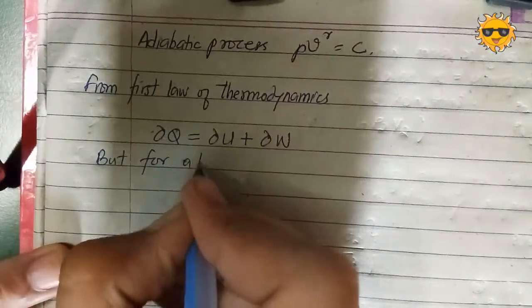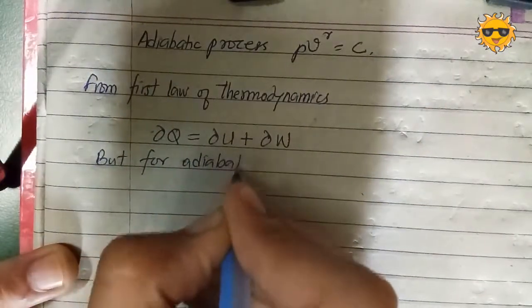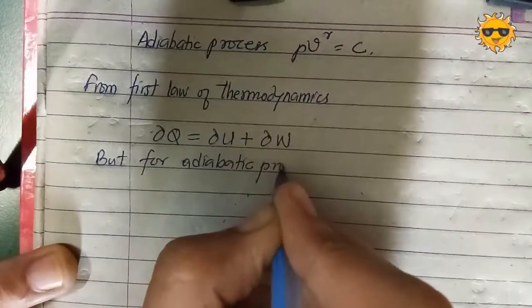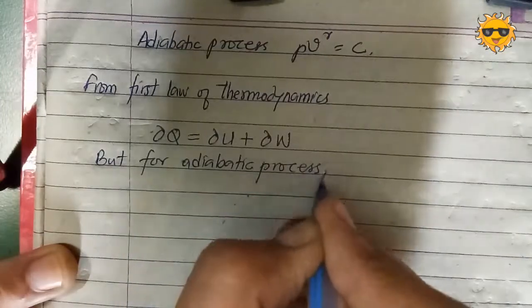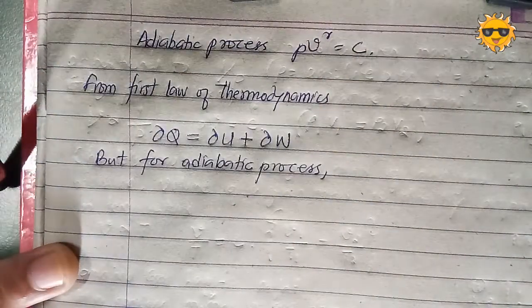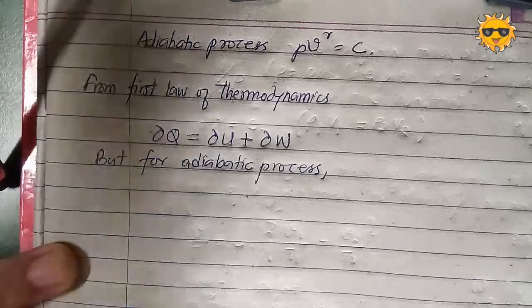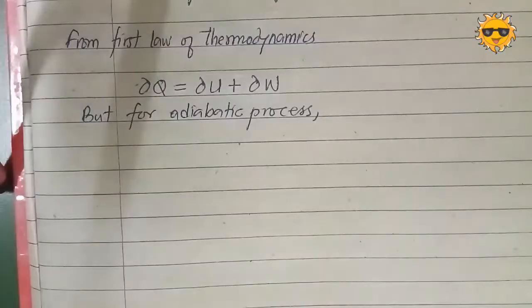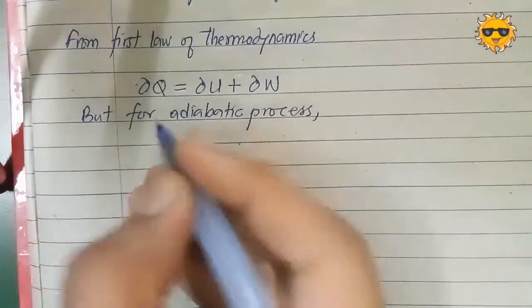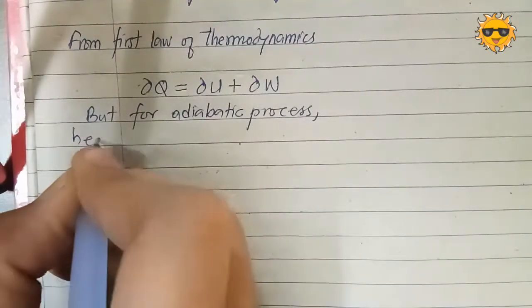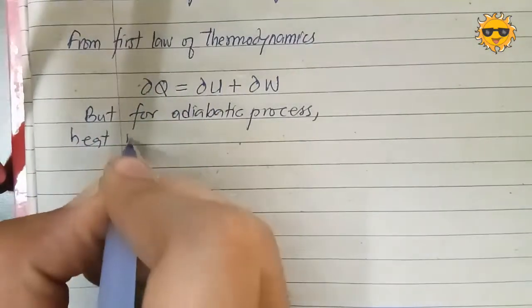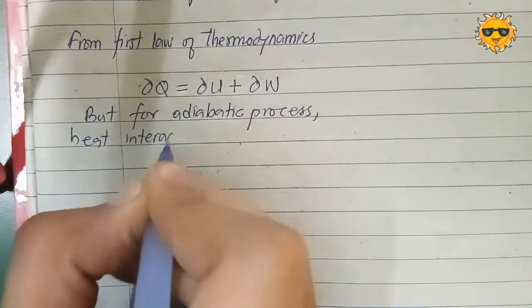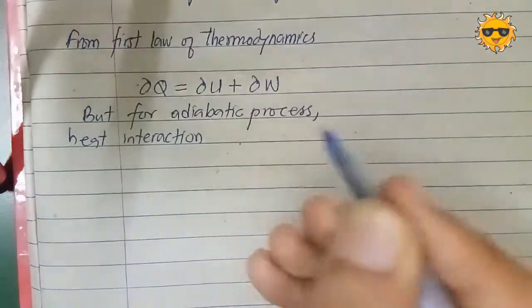But for adiabatic process, we know that delta Q equals 0. So heat interaction is 0, that's why delta Q is 0.